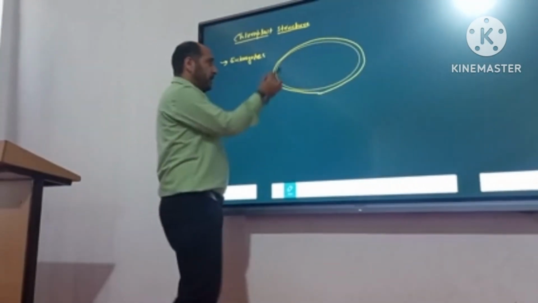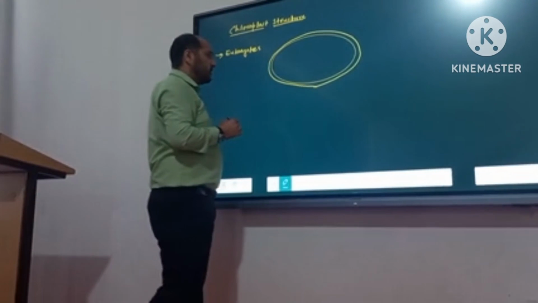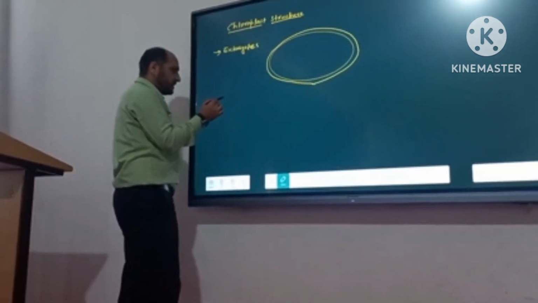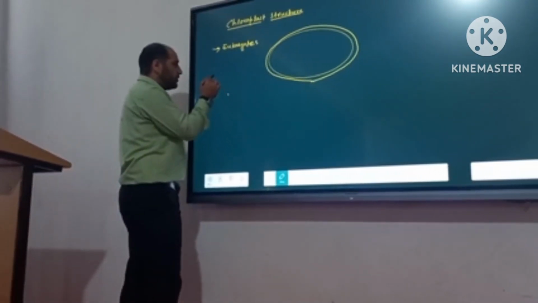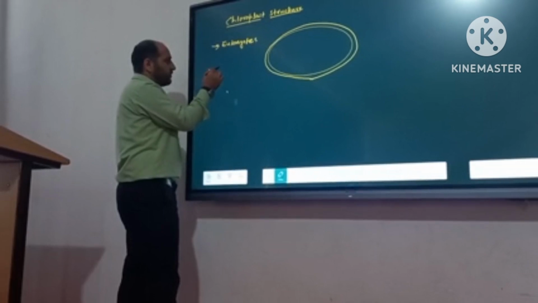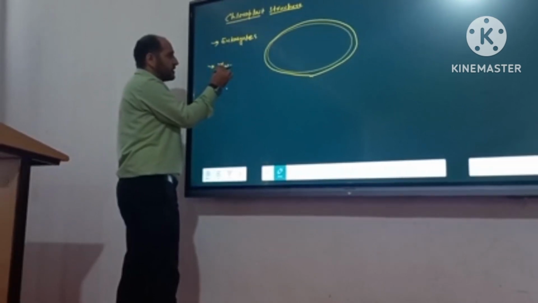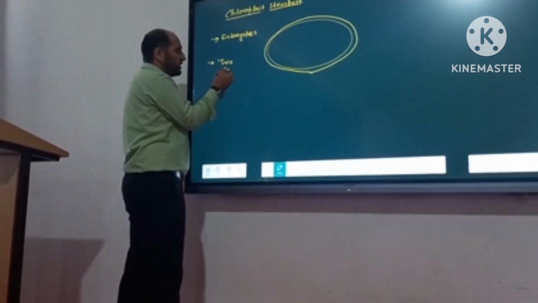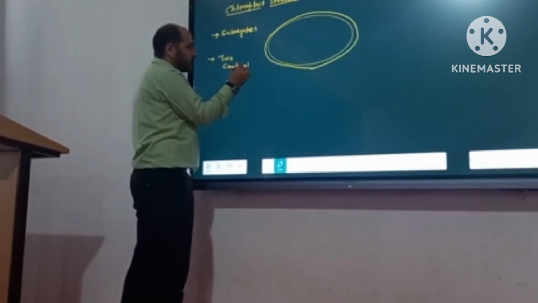In this chloroplast, we can say that it is divided into two compartments.